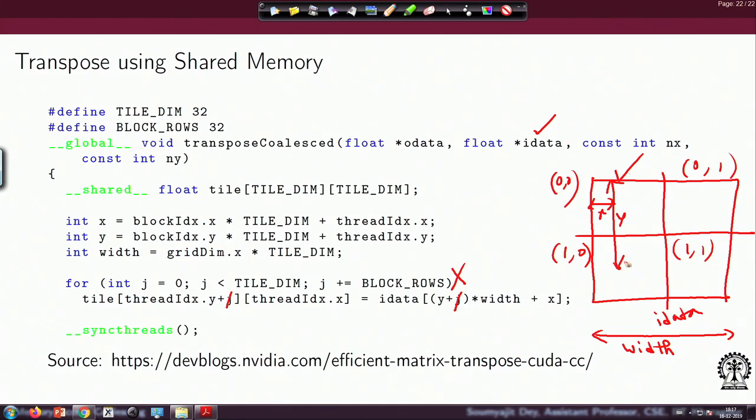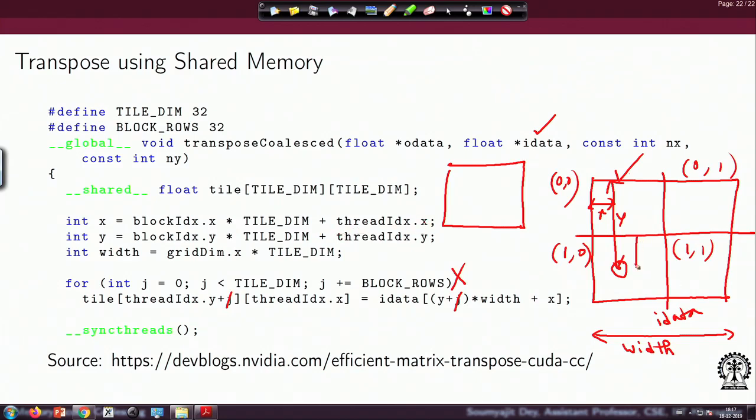So essentially this thread would load this position from the idata, and it would write into the corresponding tile, right. So let's say this is my tile, and where is it going to write first of all? Of course, if I look at the corresponding thread IDs for this thread, the way I have computed the x and y values is essentially the offset of the block in the x direction multiplied by tile dimension plus threadIdx.x, right.